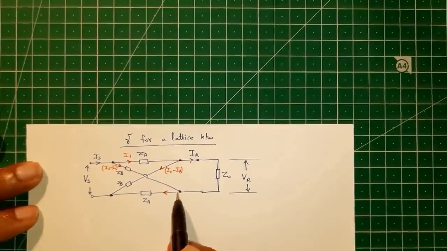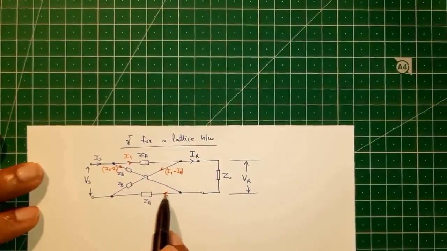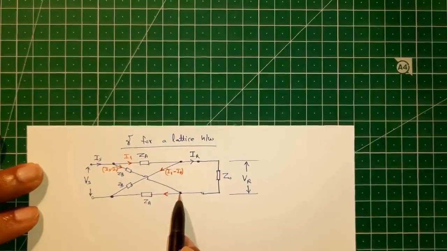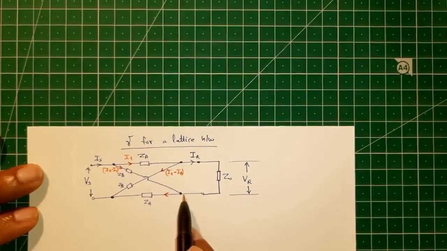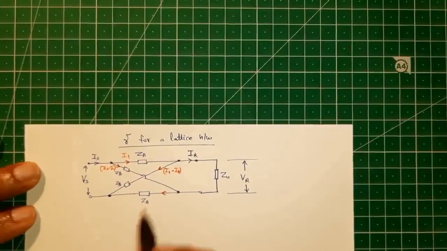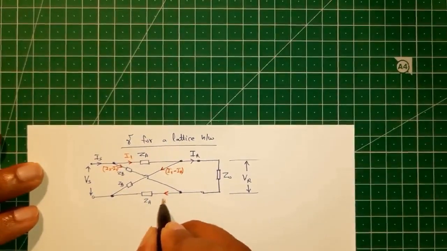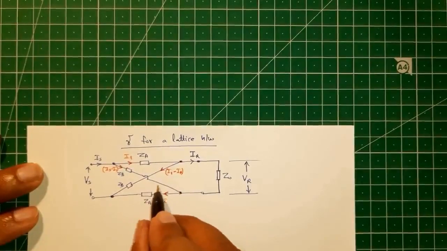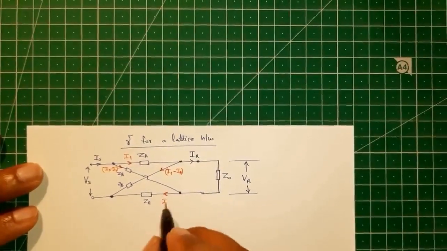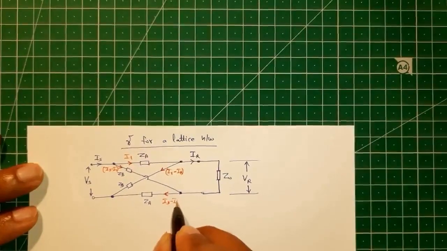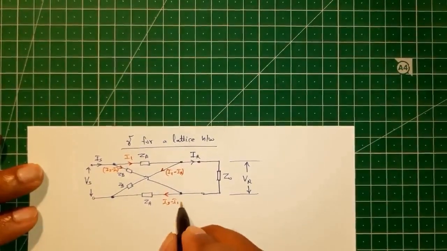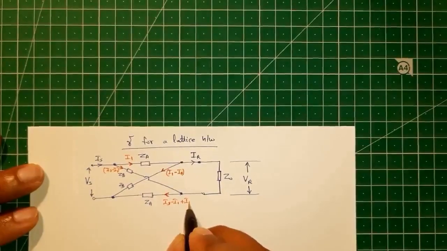And for this particular node we have Is minus I1 coming here, an incoming current, and another incoming current IR. So the outgoing current will be the sum total of this branch current and this branch current, that will be equal to Is minus I1 plus IR.